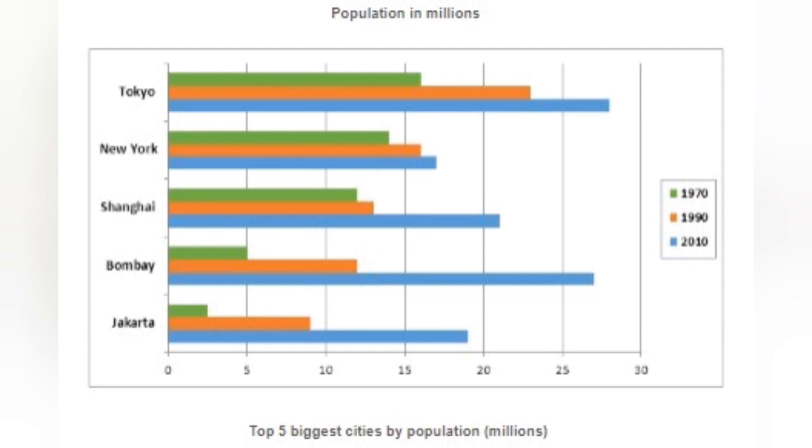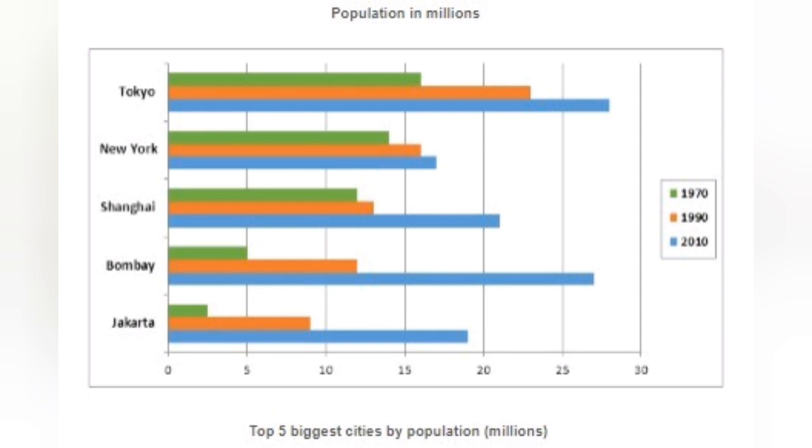If you think about 1970 in Jakarta, you can see that the number was extremely low. Even it's just 2.5 million over there. In the case of New York, if you observe the trend, it's just like a slight increment over there, whereas when you look at Bombay, you can see there is a dramatic increase in the number of people when you compare the figures of 1990 and 2010.